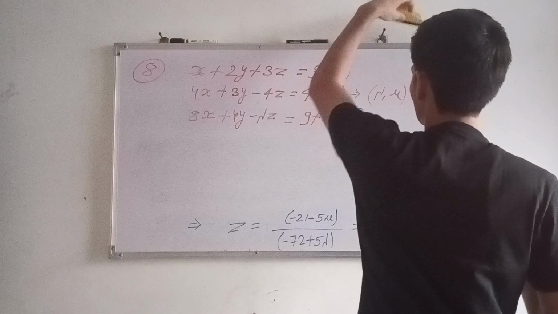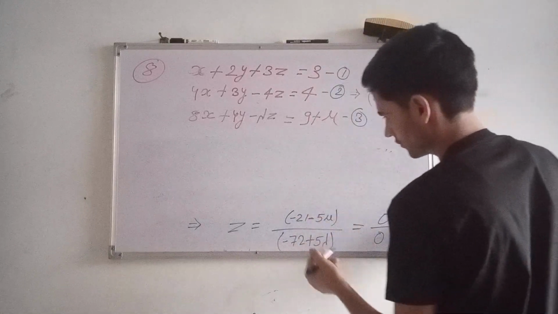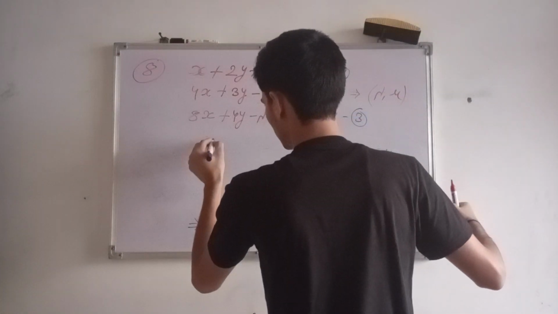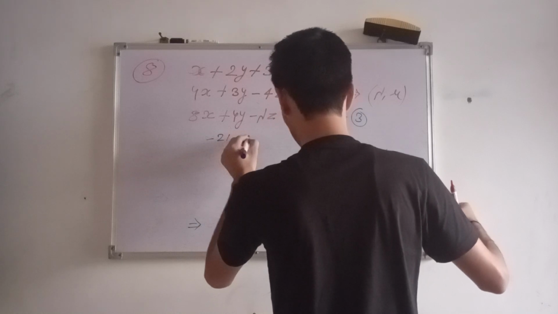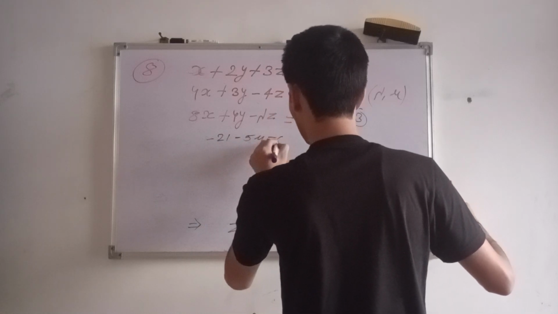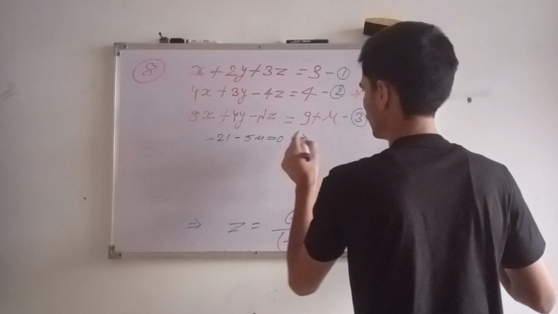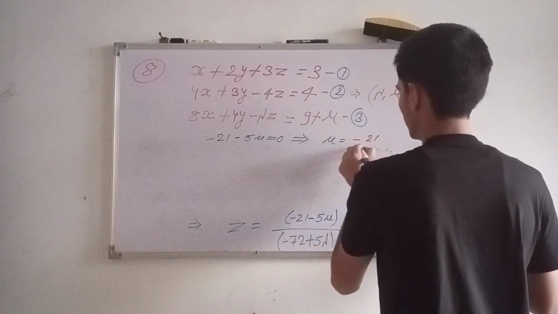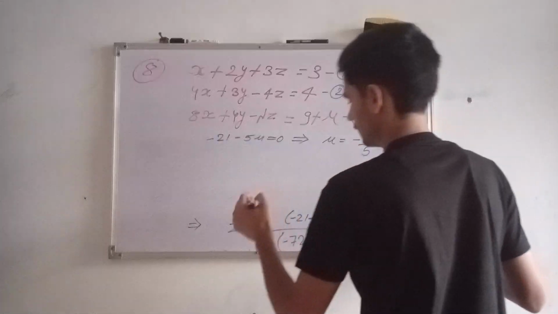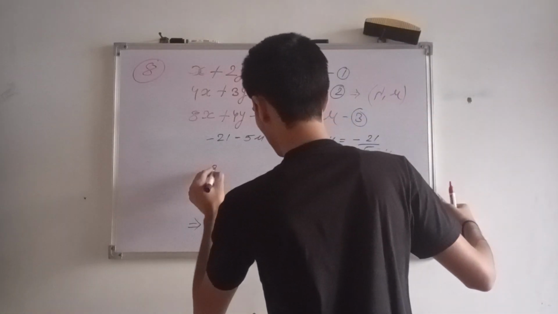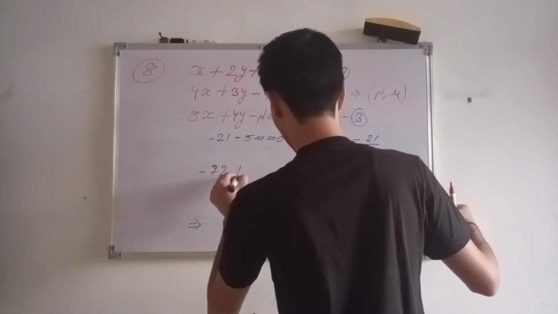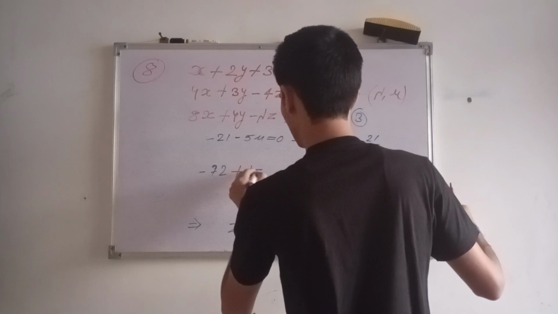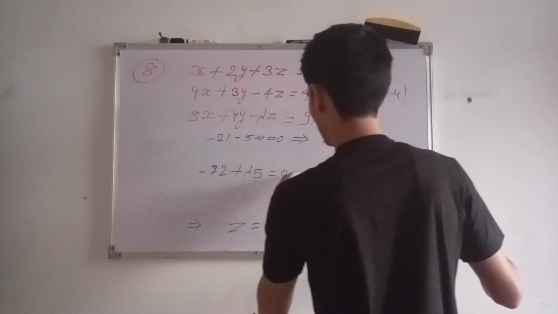Making the numerator equal to 0, we get minus 21 minus 5 mu is equal to 0. From here we will get mu is equal to minus 21 by 5. Making the denominator 0, we will get minus 72 plus 5 lambda is equal to 0.